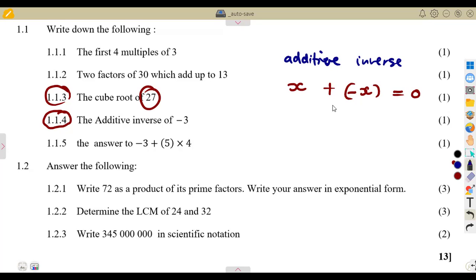So we are simply saying the number as it is, maybe 2, plus its additive inverse, which is -2, we must get a 0.